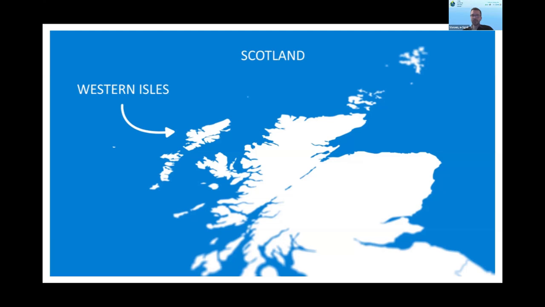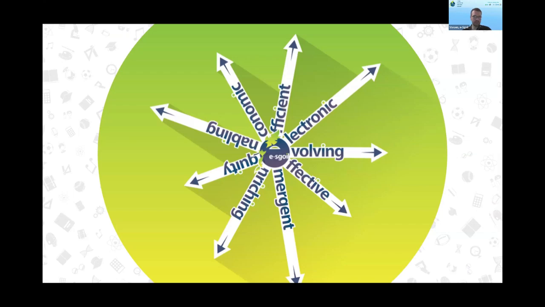Once that request came from the Scottish Government and funding, it essentially saw us being an online provider of supply teaching. And we've had requests from all over Scotland in lots of different subjects, and I'll say a wee bit more about that later on. I would summarise everything that we do under the heading of removing barriers, but essentially the E in e-Sgoil is all about equity.